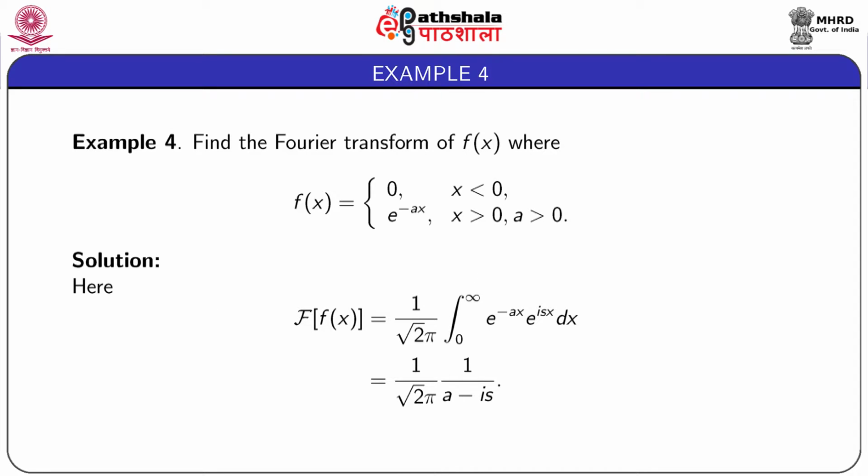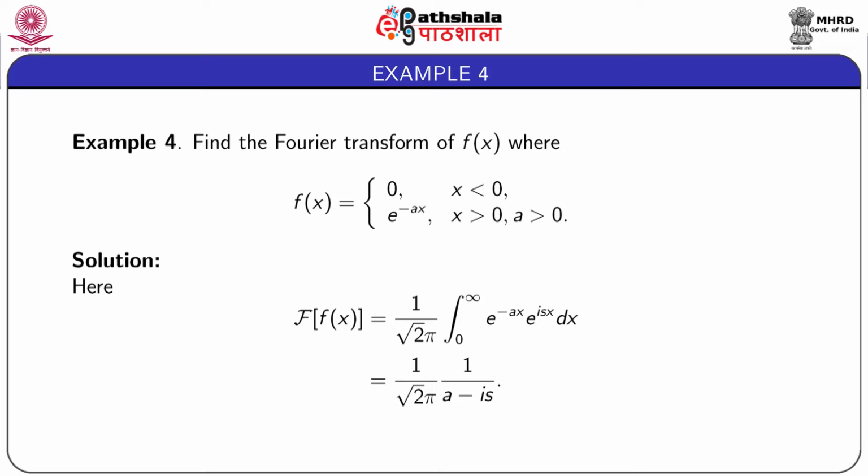Now, we come to example 4. Find the Fourier transform of f x where f x is equal to 0 for x negative and f x equal to e to the power minus a x for x positive and also a positive. We are to find the Fourier transform of this function.